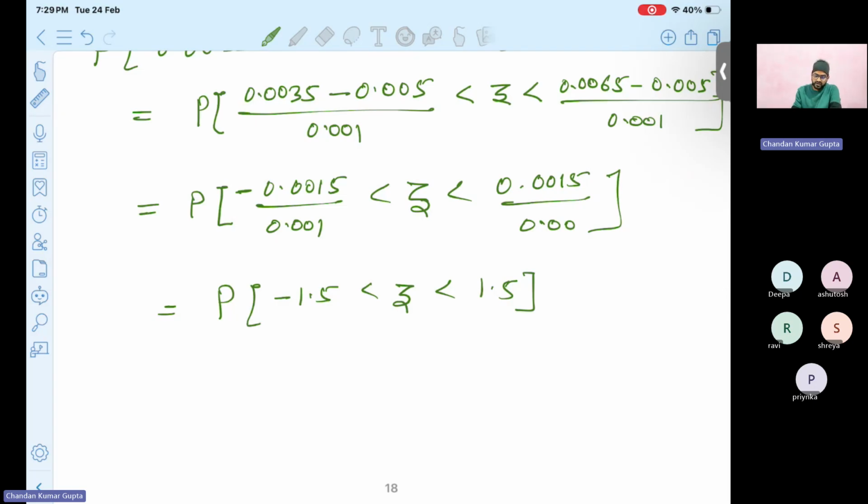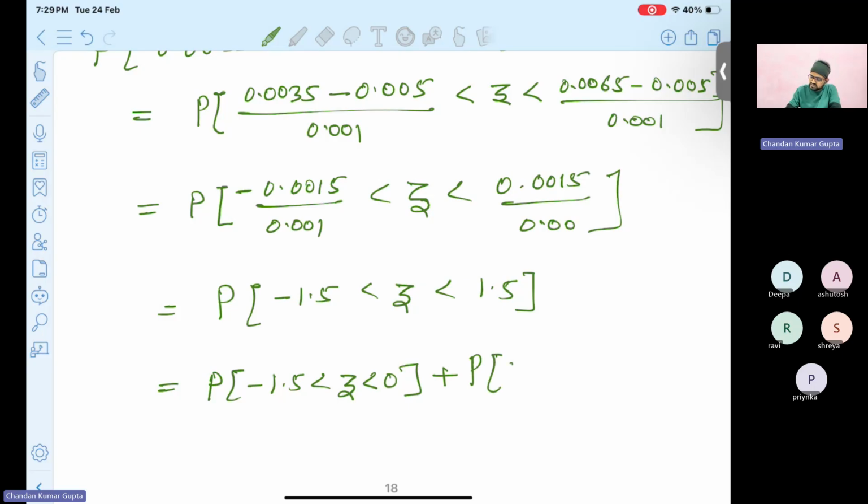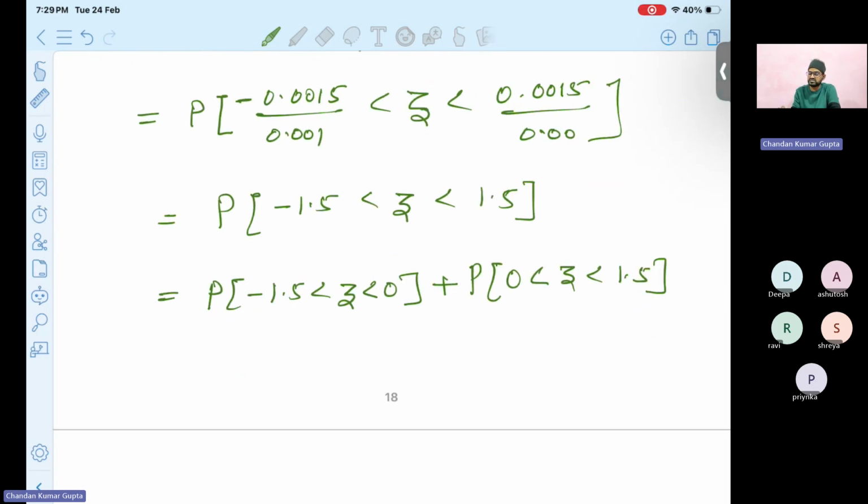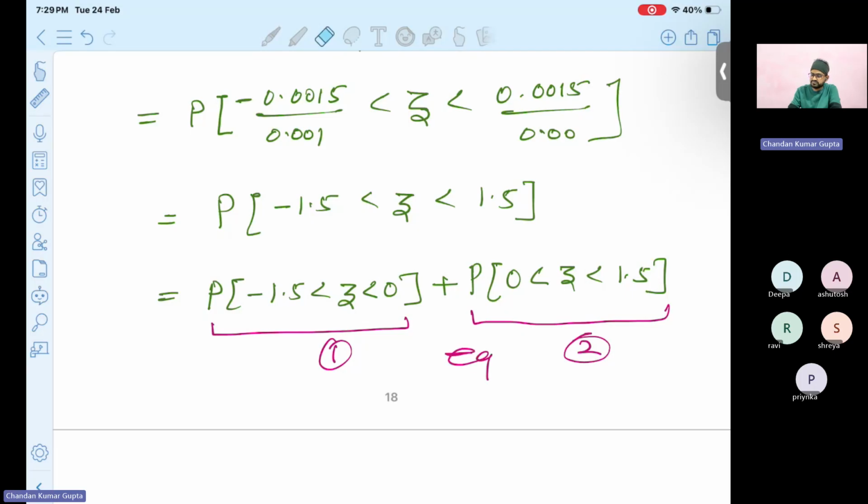Now since the normal distribution is symmetrical in nature, that means the probability that z is between minus 1.5 and 0 plus the probability that z is between 0 and 1.5 can be written like this. Because it is symmetrical, the probability values of both come out to be equal.